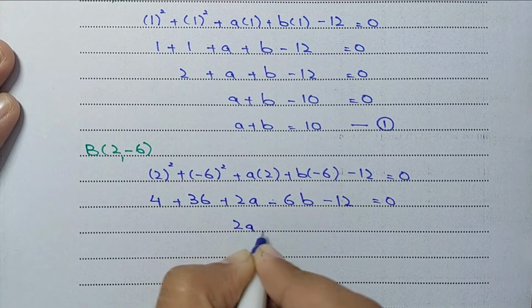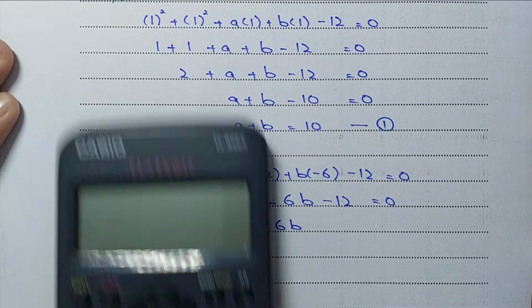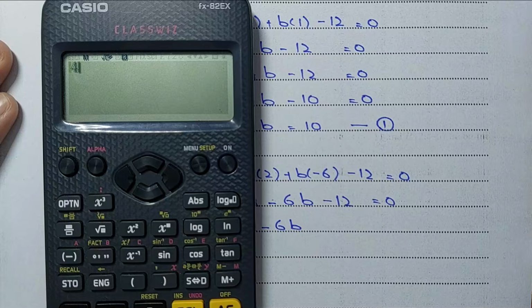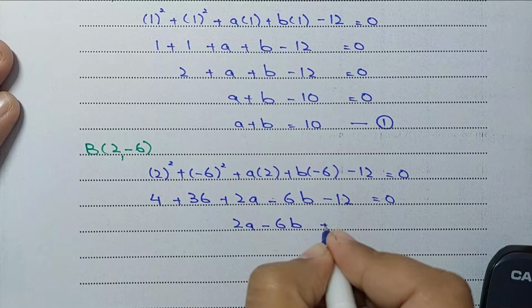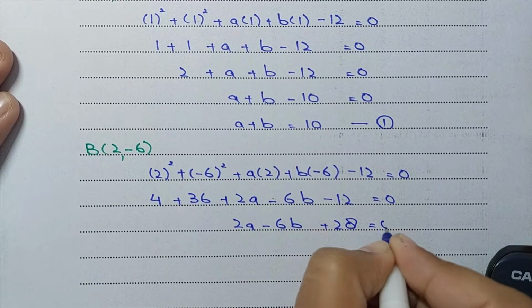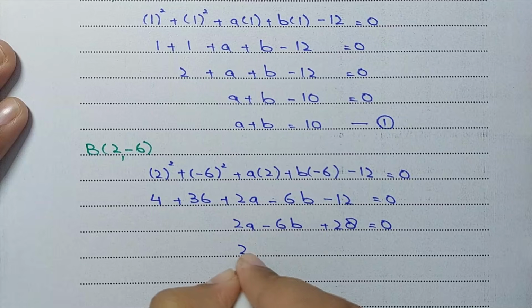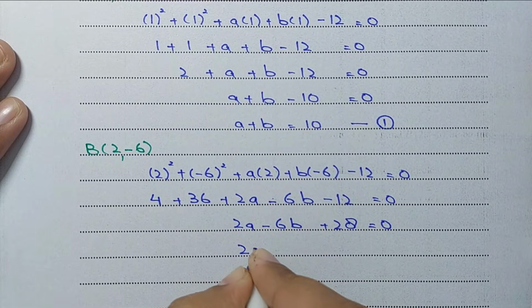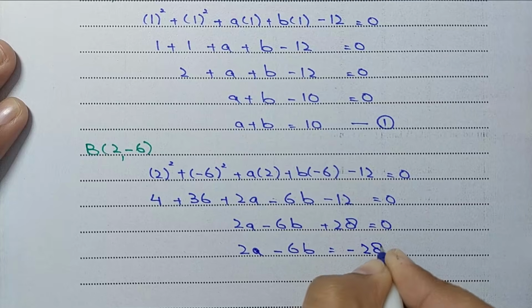So 2a minus 6b, and what is 4 plus 36 minus 12? 4 plus 36 minus 12 is 28. So positive 28 equals 0. Alright, so now here we have 2a minus 6b equals negative 28.